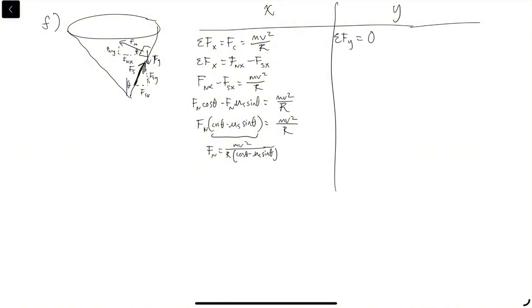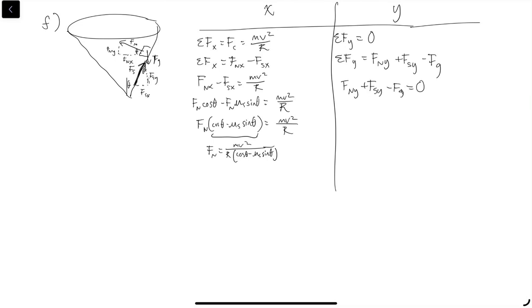Net force in the y direction has to be equal to 0 because the problem says that the car is not slipping. We also have Fny, which is going upward. And then Fsy is also going upward. And then Fg is going downward. So we can set those as equal to each other.